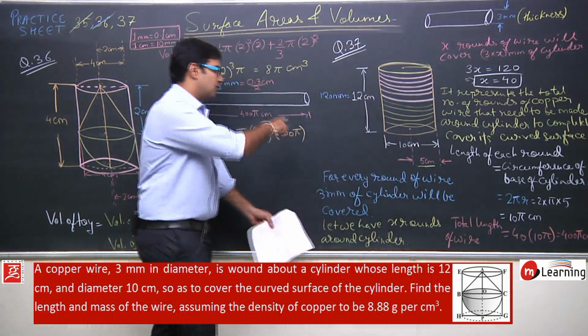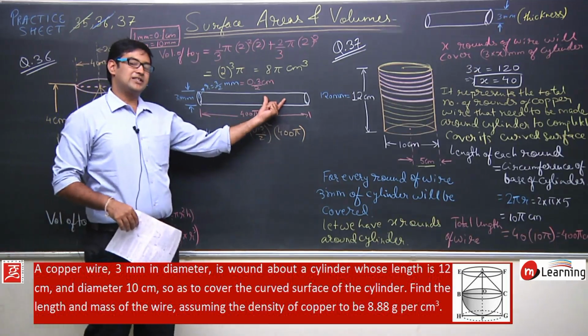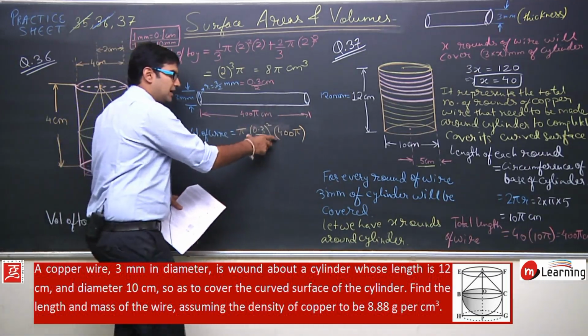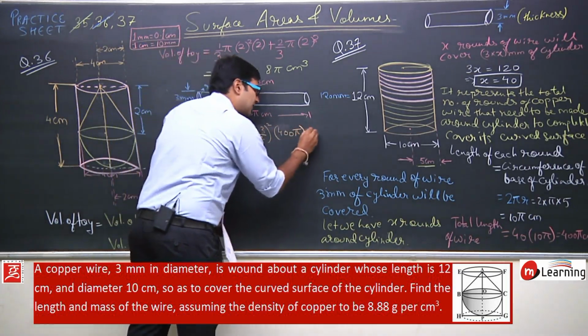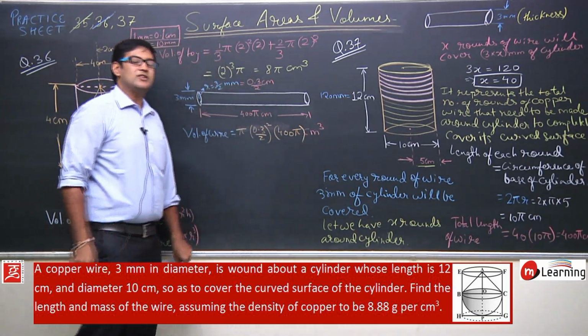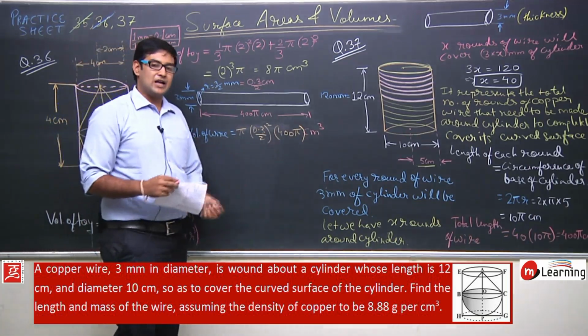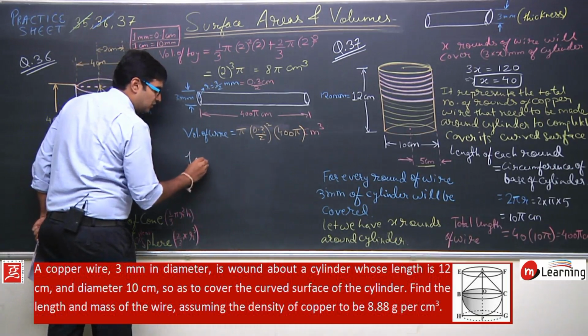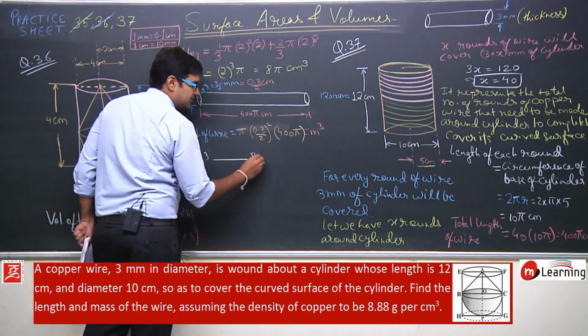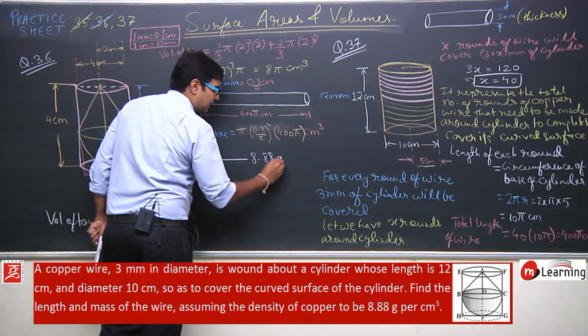Now here, the volume of this wire in centimeter cube is pi into (0.3/2) square into 400 pi. So this much wire I am using. What is given is that 1 centimeter cube has a mass of 8.88 grams.